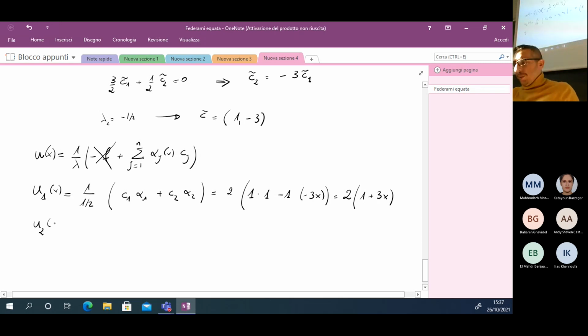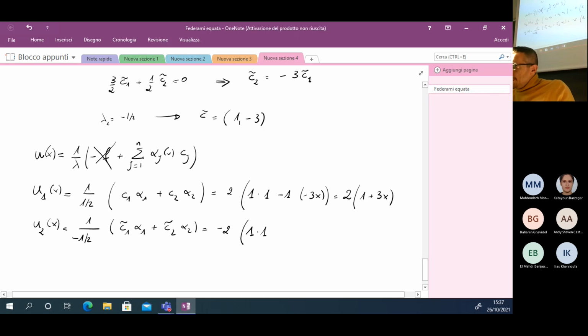Second solution, u2 of x, is given by 1 over lambda 2. Lambda 2 is minus 1/2, that multiplies C tilde 1 alpha 1 plus C tilde 2 alpha 2. So this gives me minus 2. Then C tilde 1 is 1, which multiplies alpha 1, which is 1.